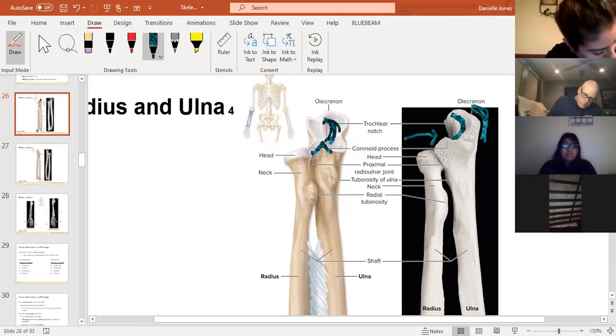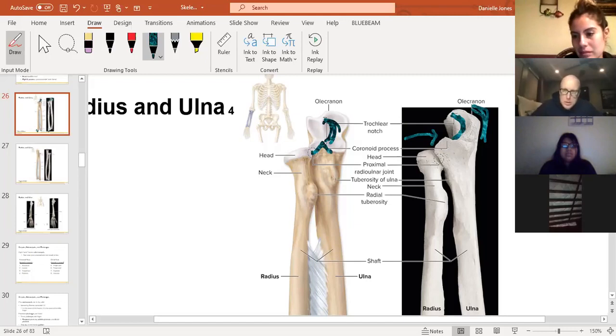So here we have the elbow. You can feel it right now, that big old thing. Now feel it, and when your elbow is flexed, you can feel that thing sticking out, right? Now keep your hand on it and start to extend. Where does it go? It disappears, and then it's even with the humerus, right? That olecranon process, look at this.